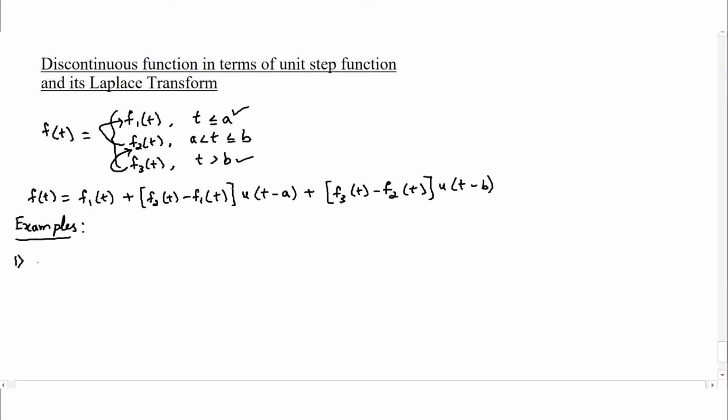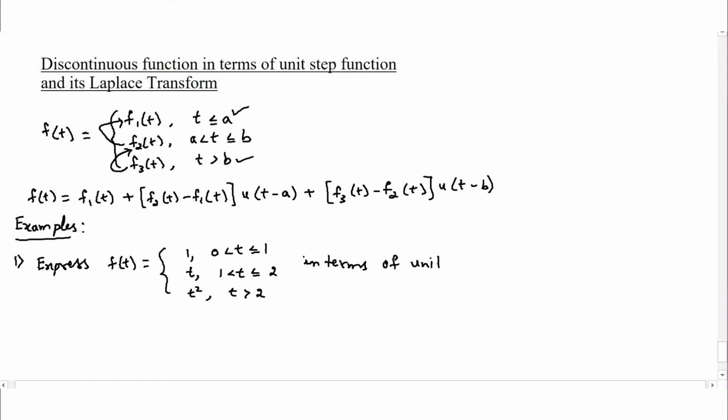The first question is, express f of t is equal to 1 for 0 less than t less than or equal to 1, t for 1 less than t less than or equal to 2, and t square for t greater than 2, in terms of unit step function, and hence find its Laplace transform.